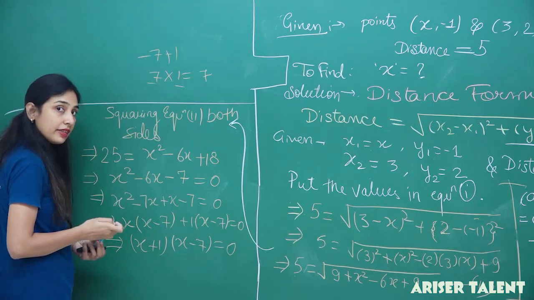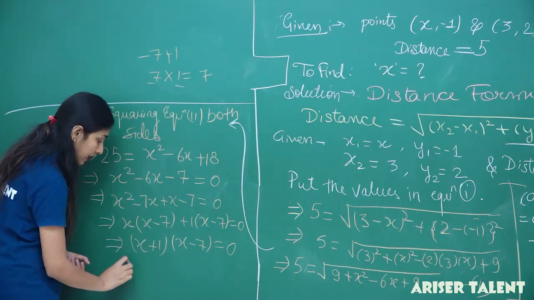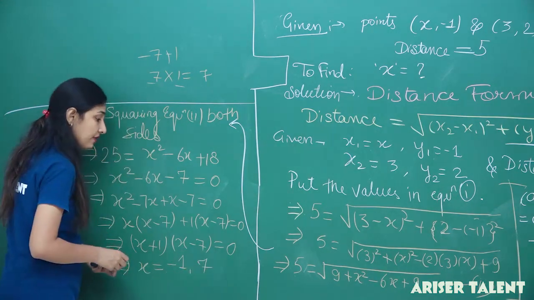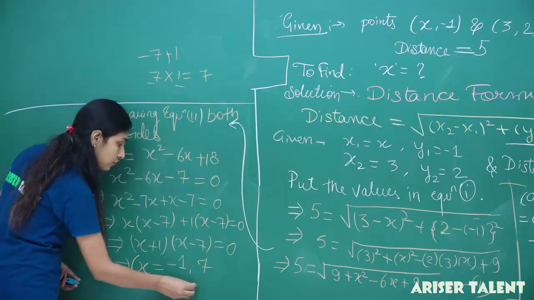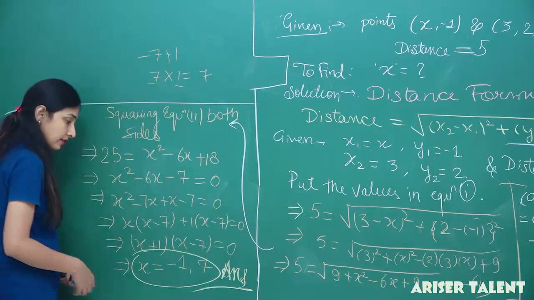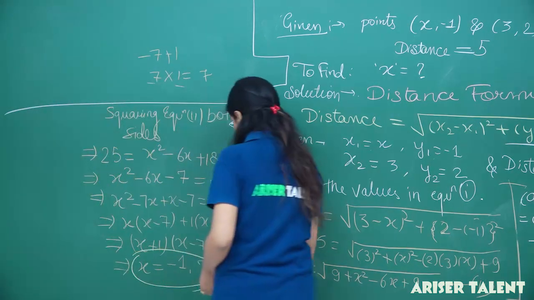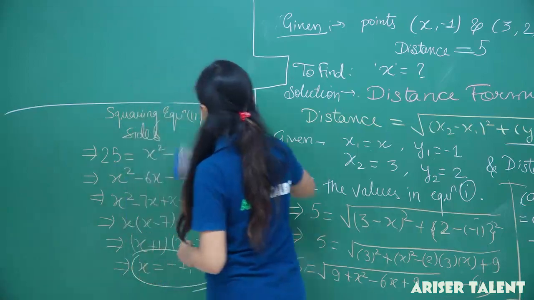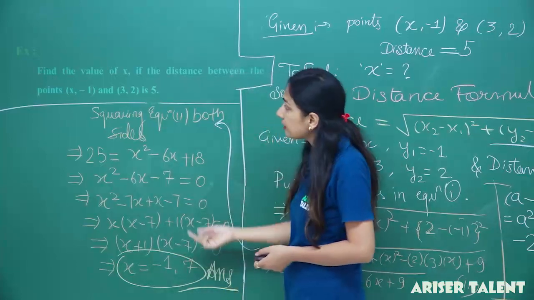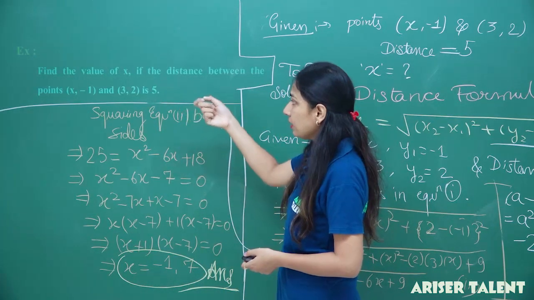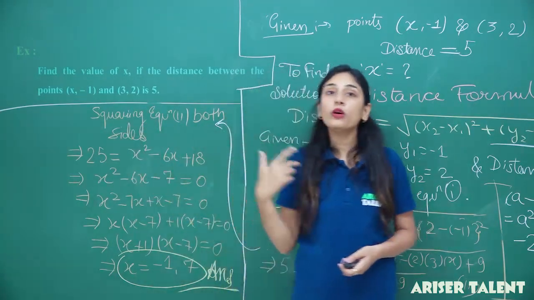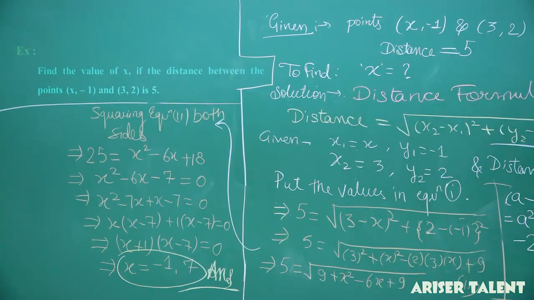Now, you know it better than me. We have practiced so many questions on that: x equals minus 1 and plus 7 from here. So, at these two values of x, the distance will be what? Here is the question: the distance will be 5 for these 2 points. So the point is either minus 1 or 7. These can be the 2 possible points, the abscissa.